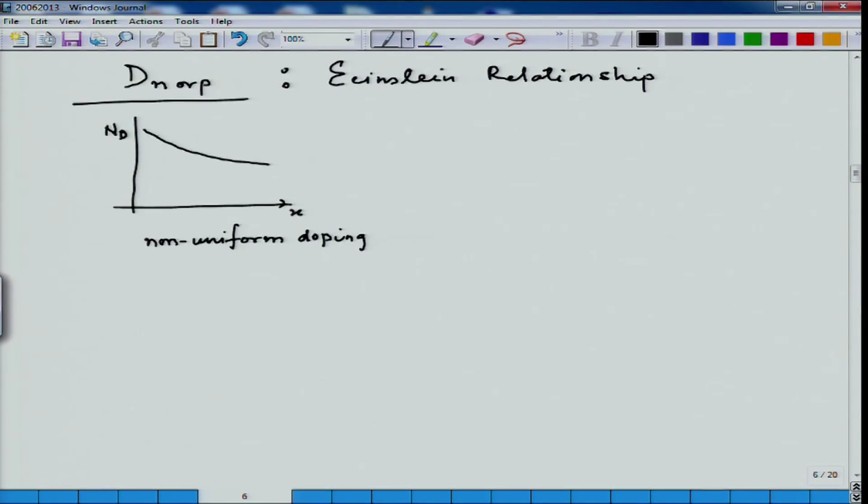And if we have non-uniform doping, the first condition that we must have in this material in equilibrium is that the Fermi level E F is constant, or dEF/dx is 0. So, in equilibrium we have the Fermi level which is constant.